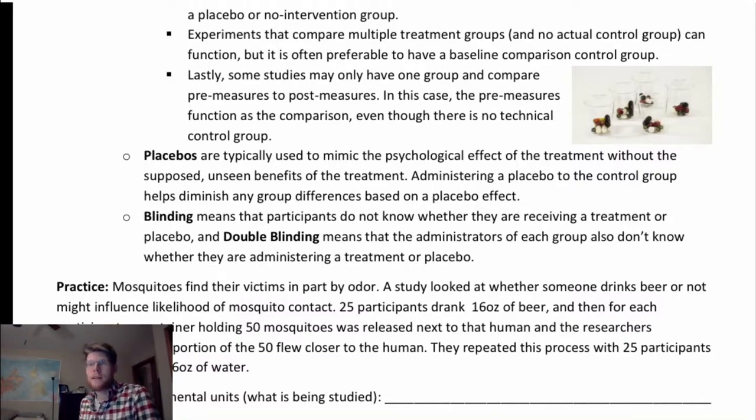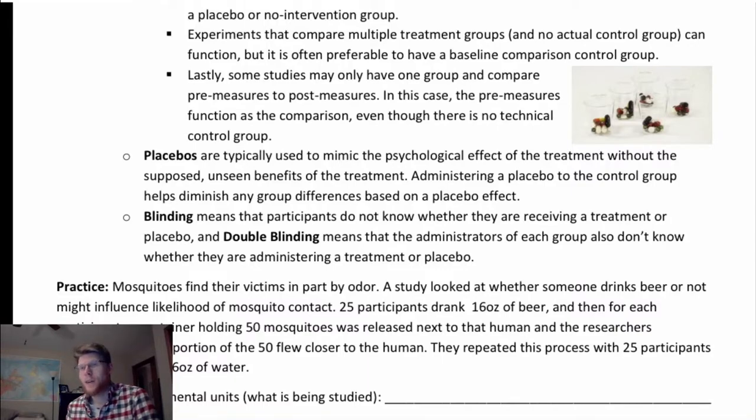Double blinding is another layer to that, and that means that the administrators, the people interacting with the participants, also don't know who's in the treatment or control group. If you think about some kind of treatment or care intervention, if I have an administrator who knows these people are getting the real thing, the experimental drug, and these people are just getting a placebo, is it possible that the administrator might act differently around the participants?